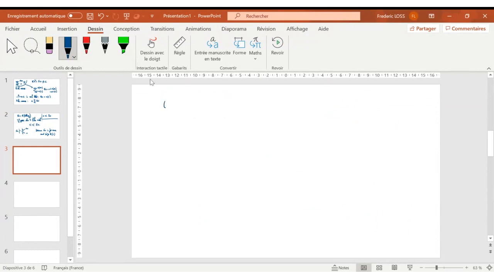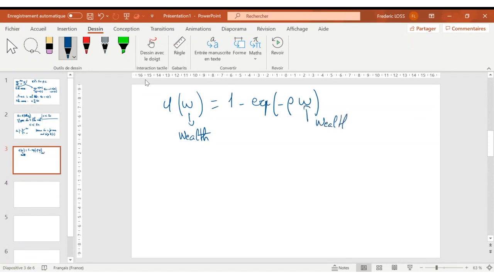So the utility, let me be a little bit more specific. The utility of wealth is written like 1 minus exponential minus rho times your wealth. So for instance, if your wealth is 10, then u of 10 is 1 minus exponential minus rho times 10.